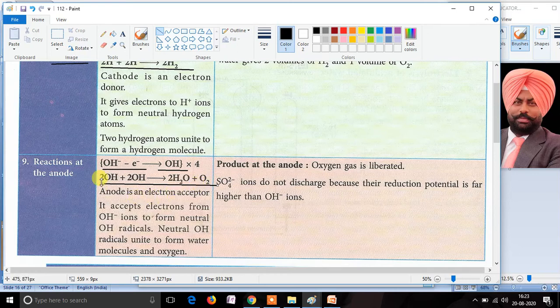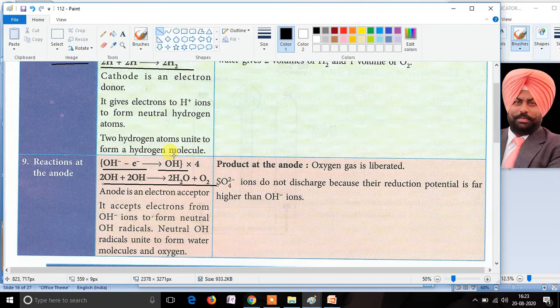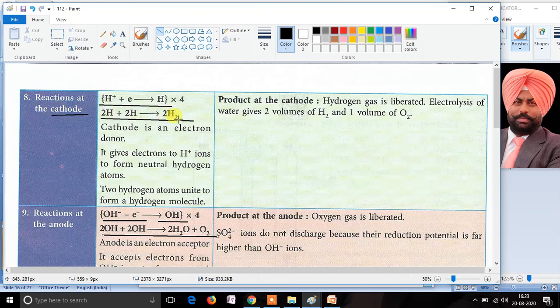Therefore, the total products at the anode are water molecule and oxygen gas. Water being liquid will remain in the acidulated water, while oxygen gas being in gaseous state will escape in the anode tube. Thus, we can see that cathode and anode, both tubes will collect the gases. The cathode will collect hydrogen gas and the anode will collect oxygen gas.